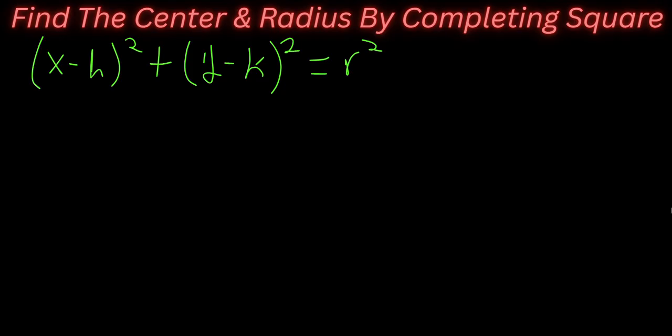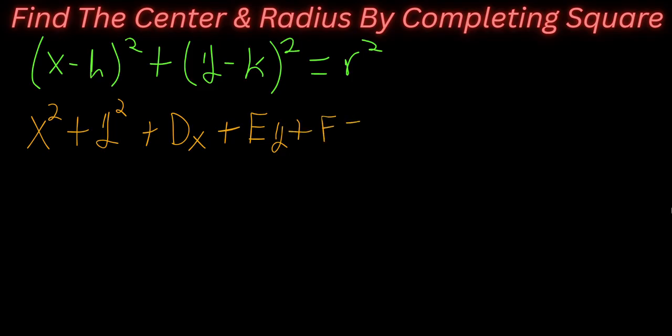So what you'll be given is an equation in general form. So let's take a look at that. We would be given something like x squared plus y squared plus dx, where d is a constant, plus ey plus f equals 0. You'll be given something like that.